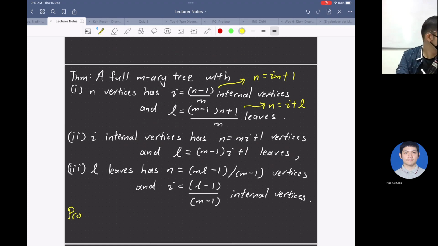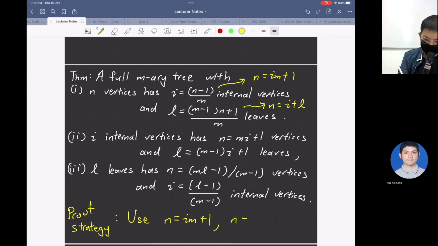So the proof of these three theorems is just repeatedly using these two formulas: n equals i m plus 1, and n equals i plus l.